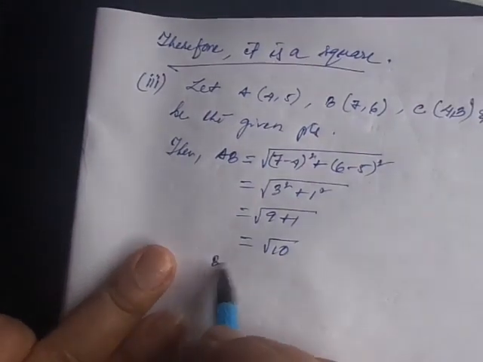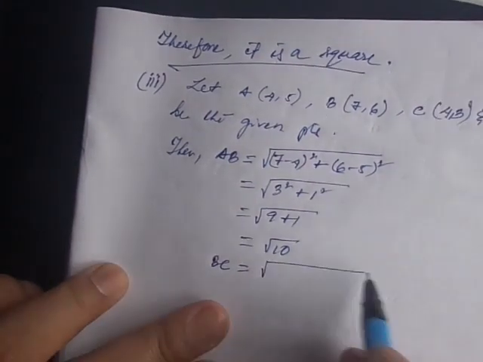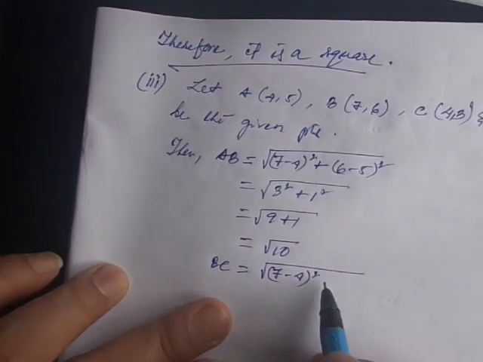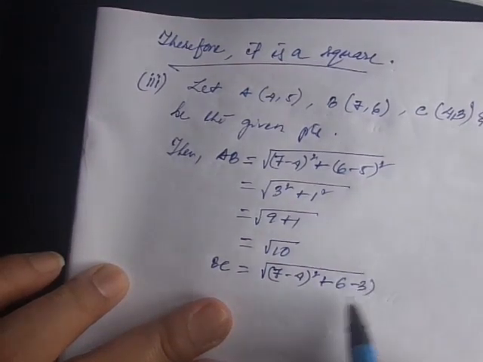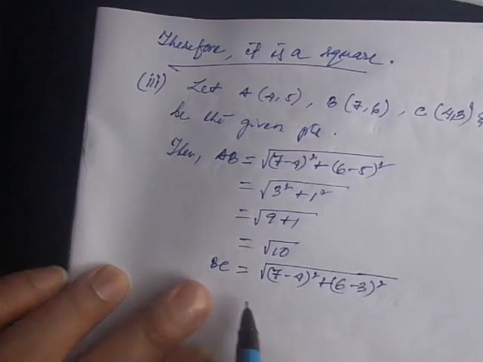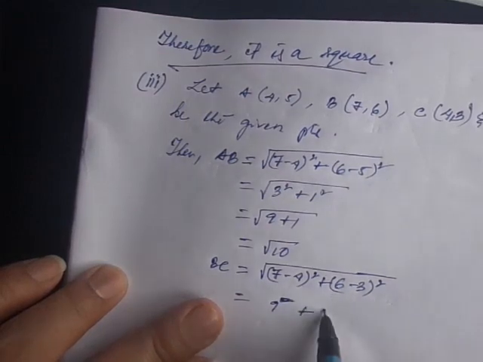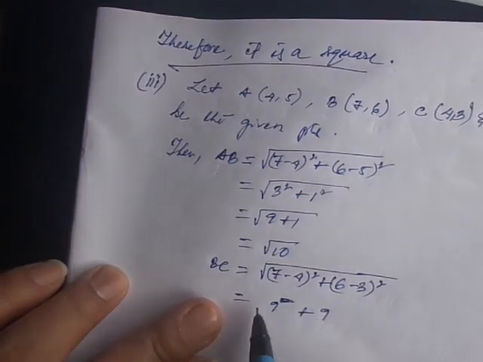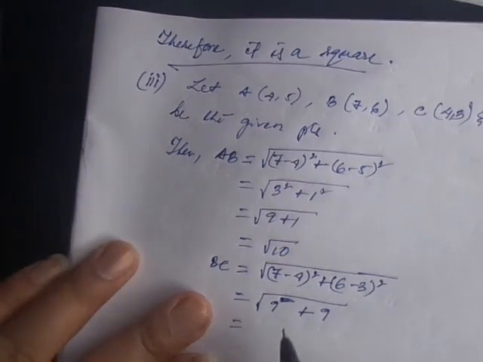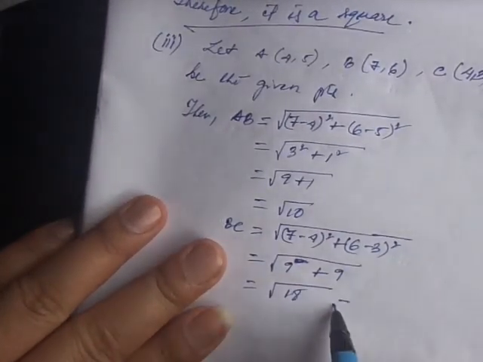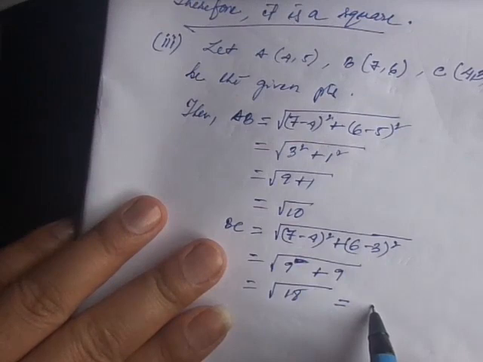Then BC equal to, we see 7 minus 4 whole square, and plus 6 minus 3 whole square, so we get 3 square, 9, plus also 3 square, 9, so that means root 18, which is equal to 3 root 2.